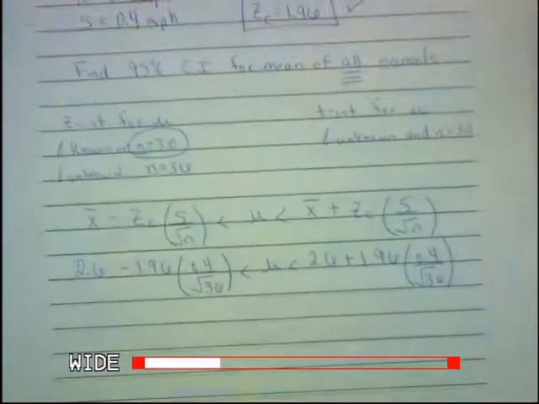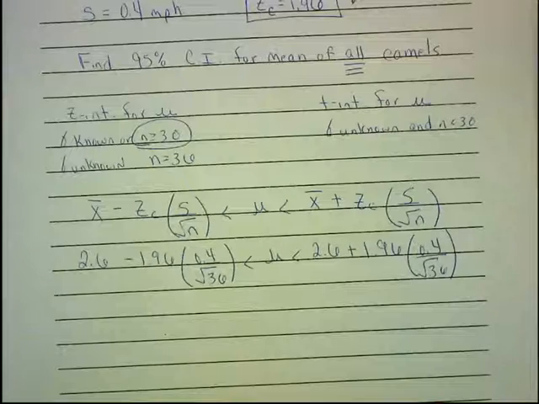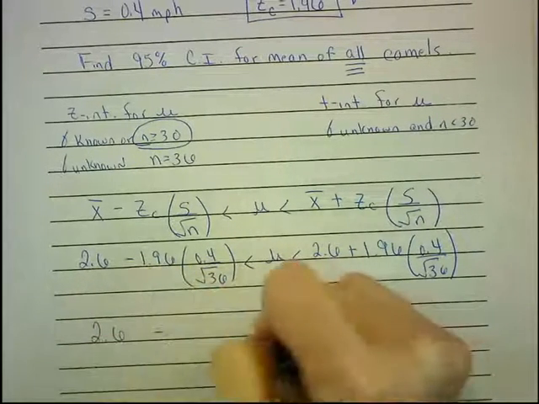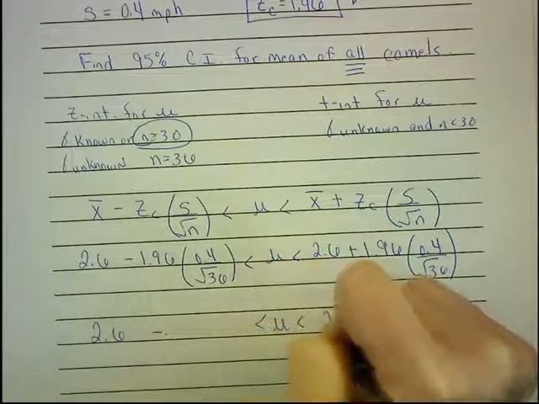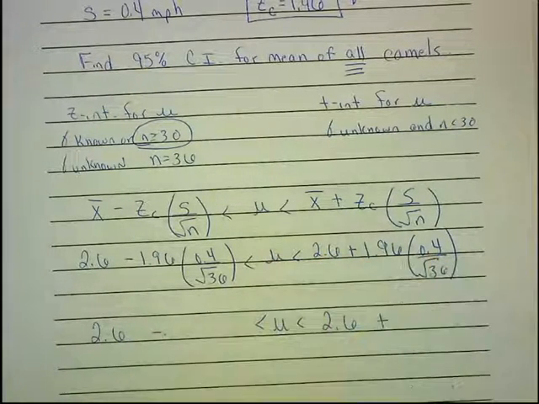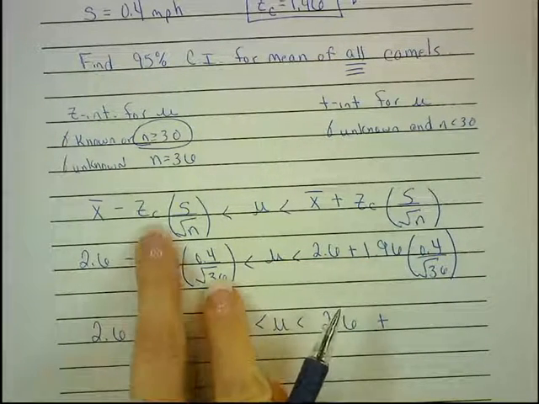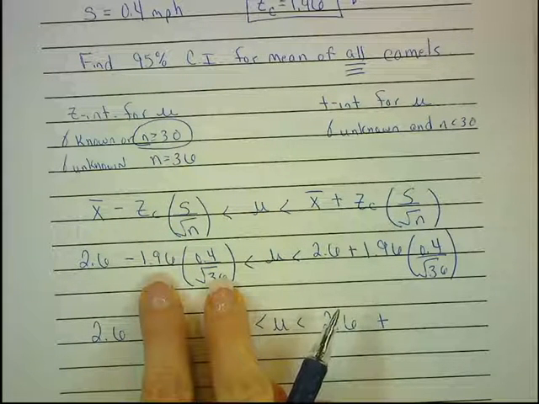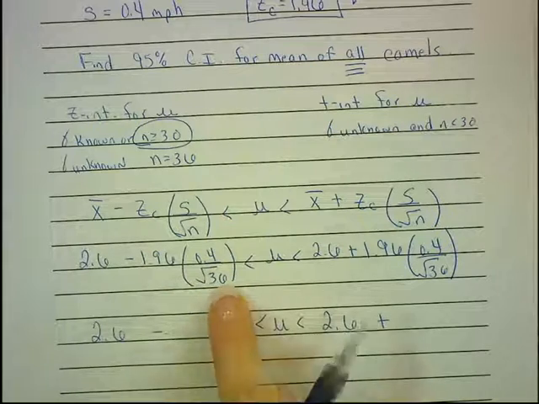The next thing I always like to ask my students is the margin of error. So 2.6 minus e and 2.6 plus e. Remember, e is z times s over the square root of n, or 1.96 times 0.4 over the square root of 36.